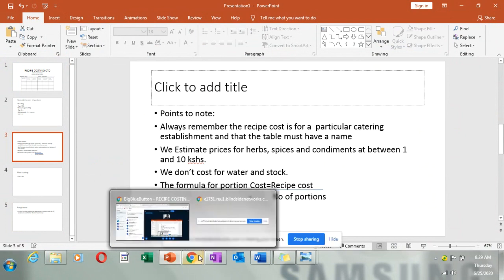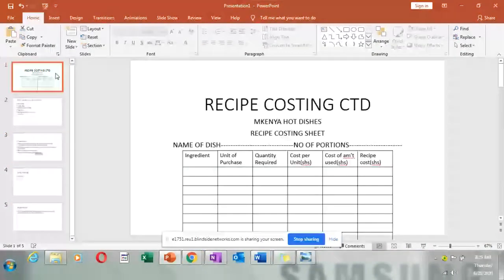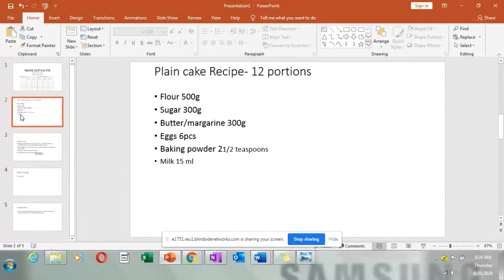Yes. So maybe I have this here, and I want us to do this together, just for a recap, to see that we have actually been able to get this. Okay, so this is our recipe right here. It is for a plain cake for 12 portions, or rather for 12 people.